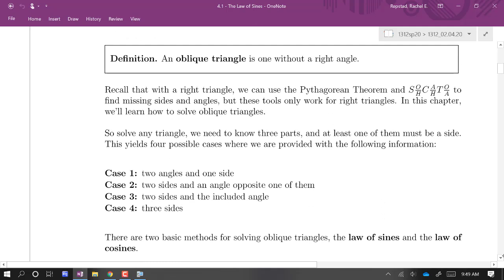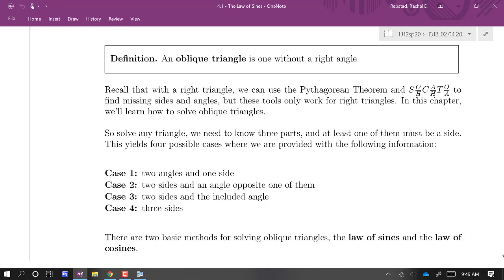When we solve a triangle, it always means fill in all the missing information: any sides we don't know, find them; any angles we don't know, find them. There are different scenarios. We might know two angles and one side. We might know two sides and the angle opposite one of those sides. We might know two sides and the included angle.